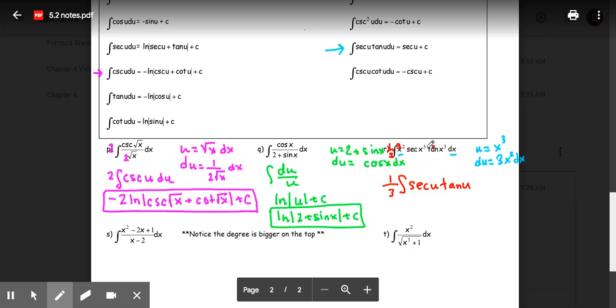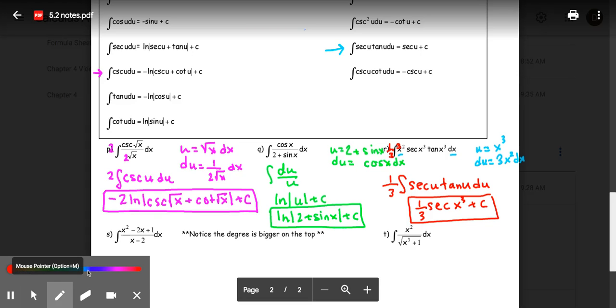And the rest of it, the 3x squared dx, is my du. And this integrates to secant u. So this is 1/3 secant of u, which is x cubed plus c. Right? Like I said, you're going to refer to the formula sheet. It's a lot easier when you have a formula sheet.